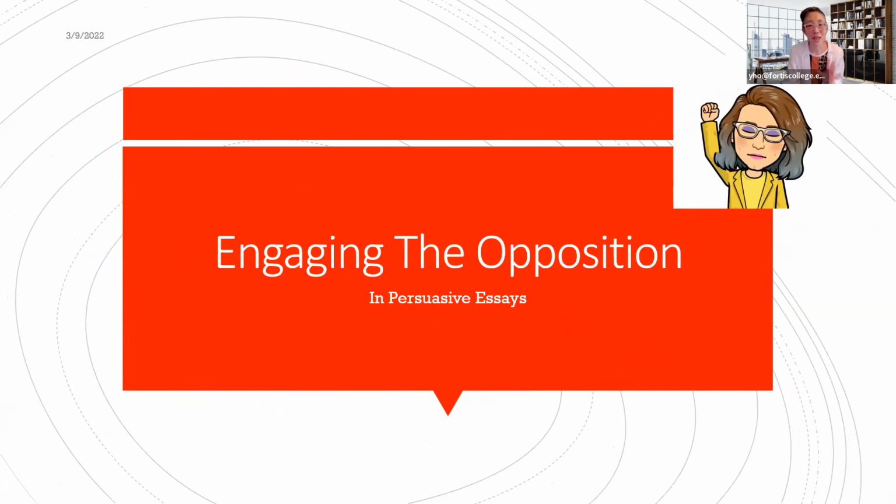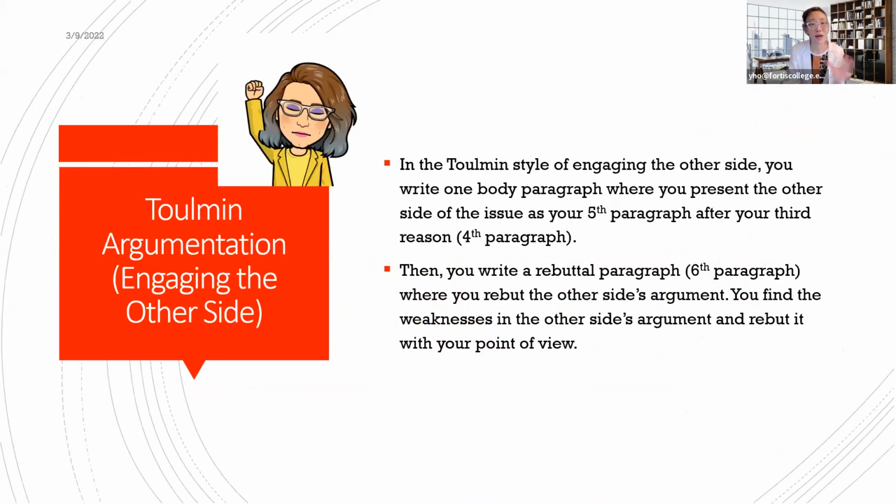All right, so how do we engage the other side? How do we make our paper more equitable or less biased? So there are two kinds of ways to engage the other side. You got something called Toulmin argumentation. In Toulmin argumentation, you write one paragraph in which you present the other side of an issue.